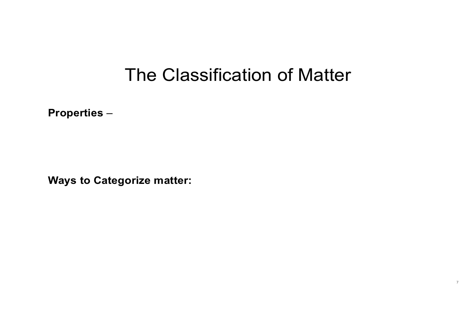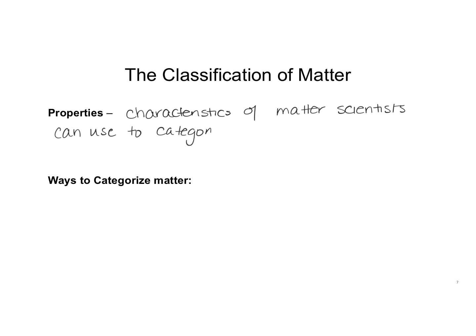So, when we talk about properties here, these are the characteristics of matter scientists use to categorize different types of matter.